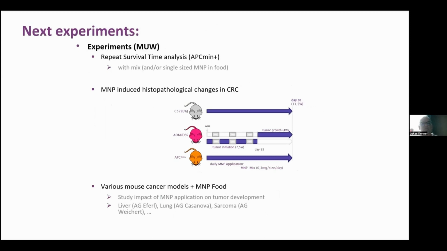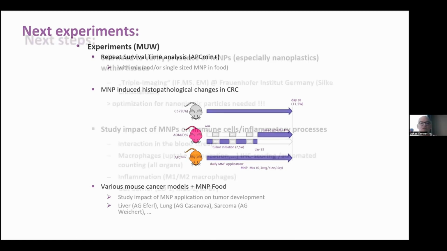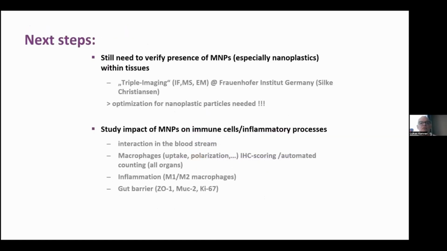The next step would be to use another model as well. We have this genetic model for colon cancer, but also an inflammatory model for colon cancer, and Verena Koppert is doing this experiment in my lab with these 2 models to get more insight into how this works.